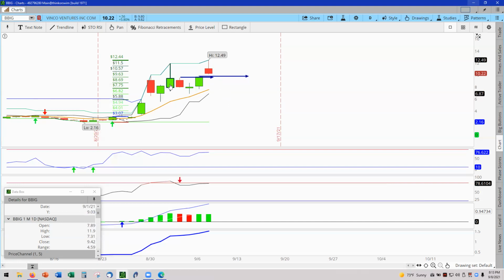One, as soon as the dip was completed, move it here. Or a more conservative trader would wait for this high to be broken, and the lowest point between these two becomes the stop. And that's how you could have played this today.